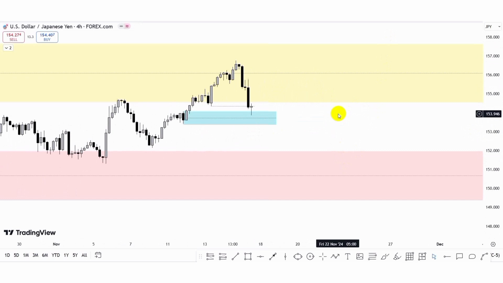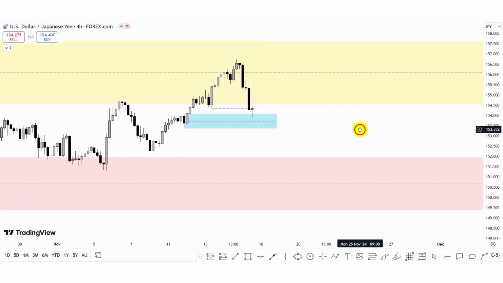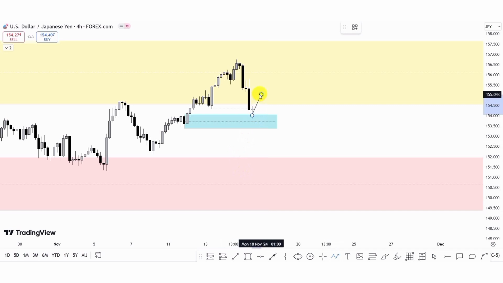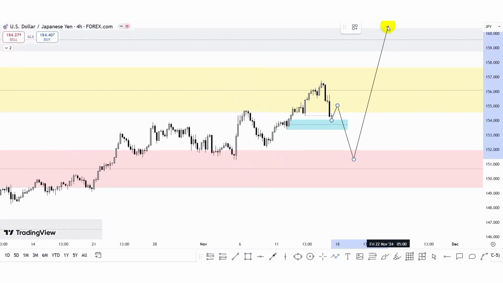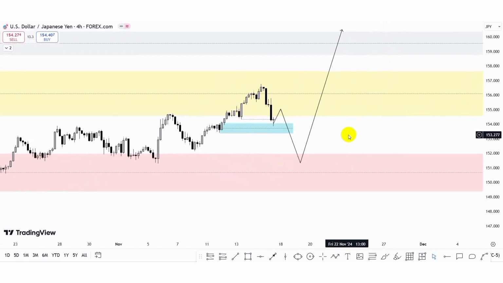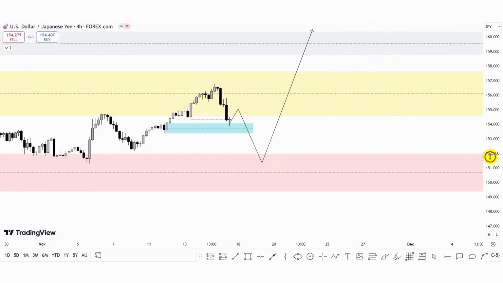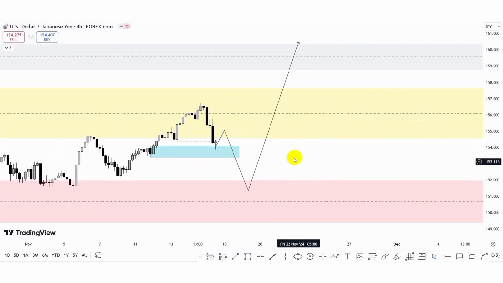So my expectation, clearly, what I'm just trying to say is we could see the possibility that price may react into this fair value gap. And then we have the fall of price to the downside, and then we have the bullish continuation to the upside. So this is my expectation in the USDJPY pair.